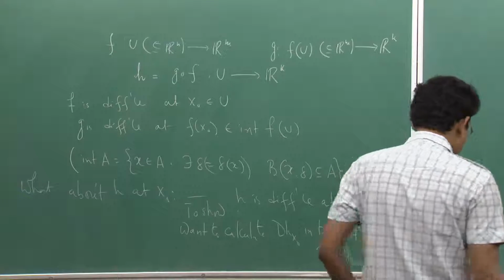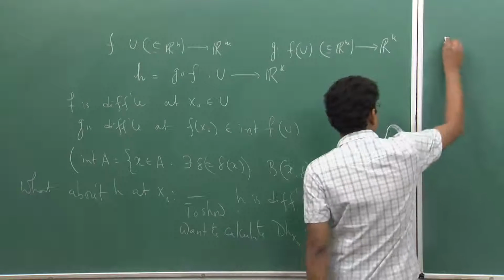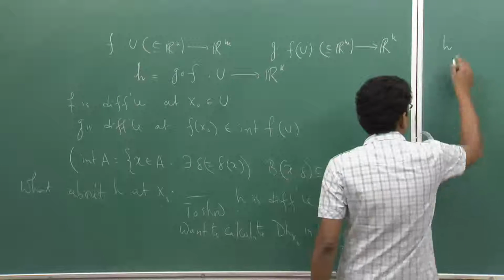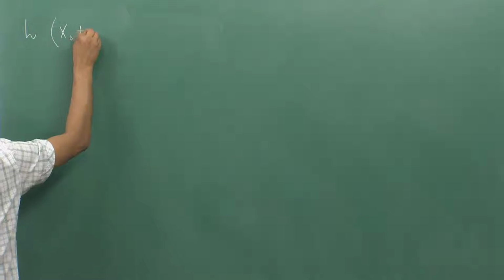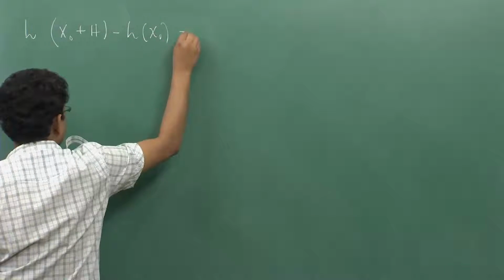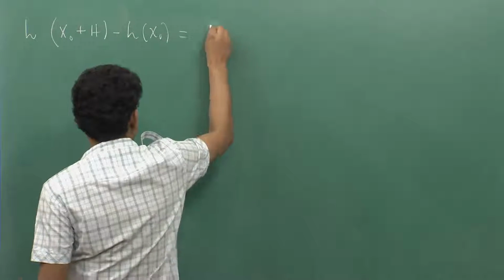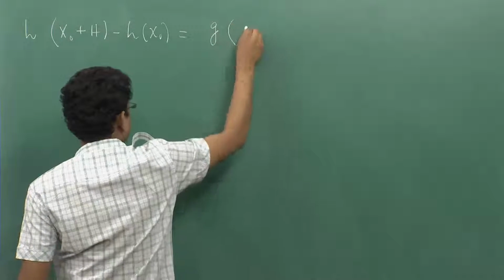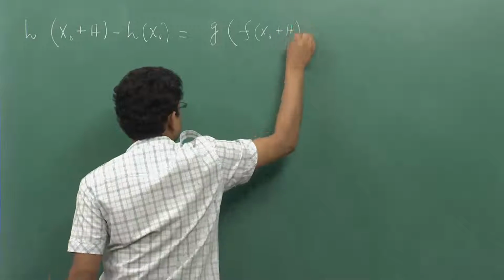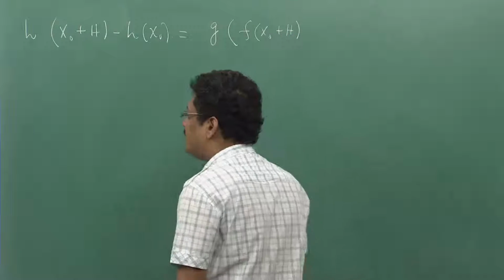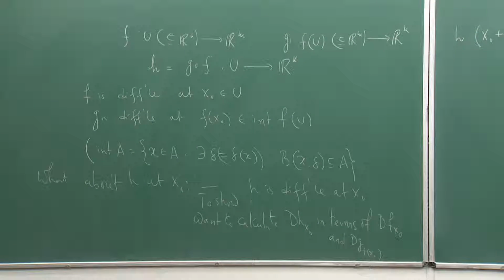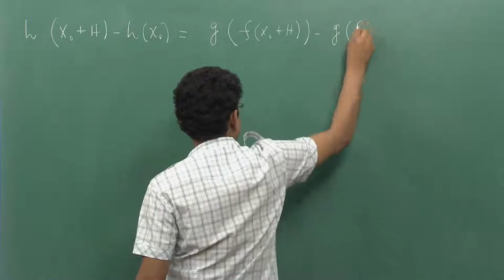So, we will start with the definition again. I have to look at h of x naught plus h minus h of x naught, but I write it using the definition. This is g at f of x naught plus h minus g of f of x naught.